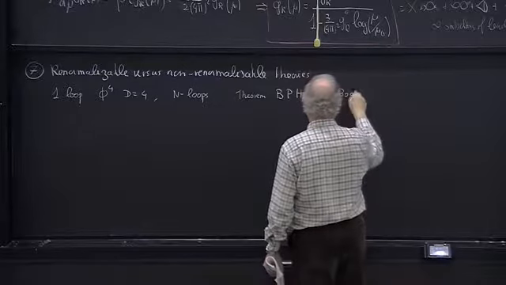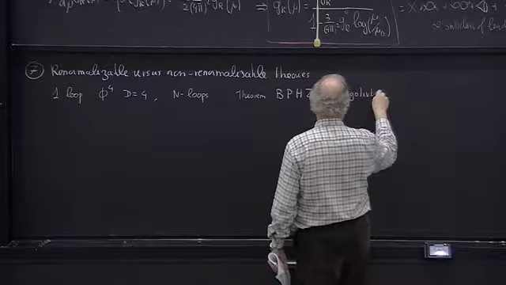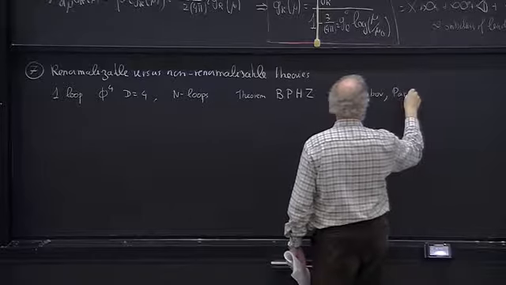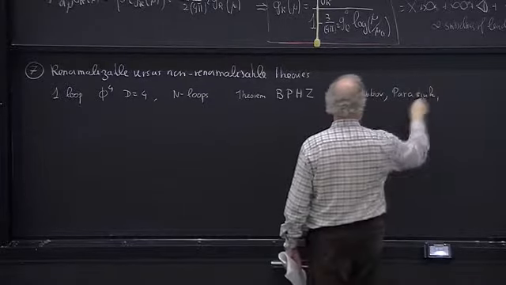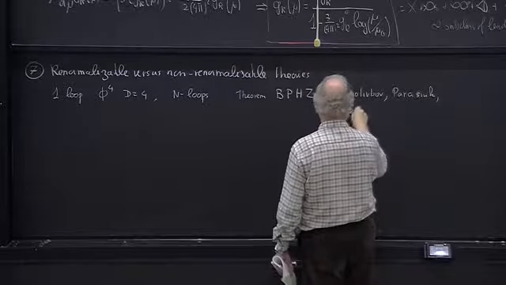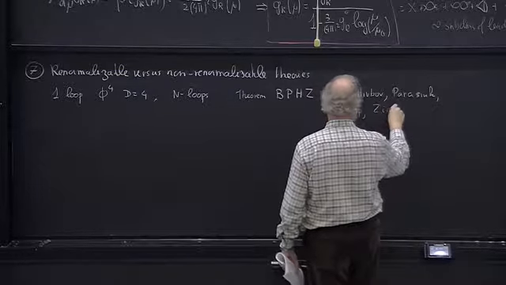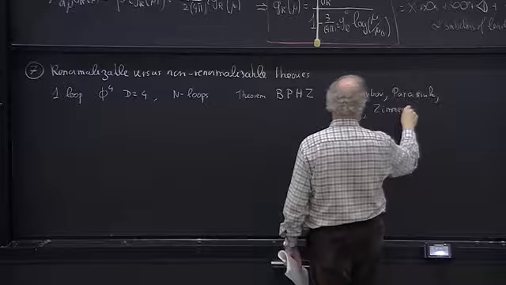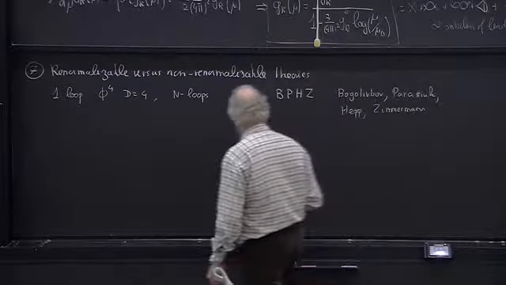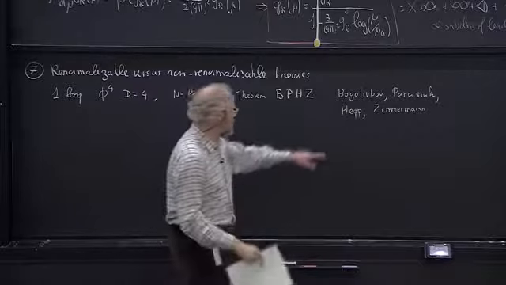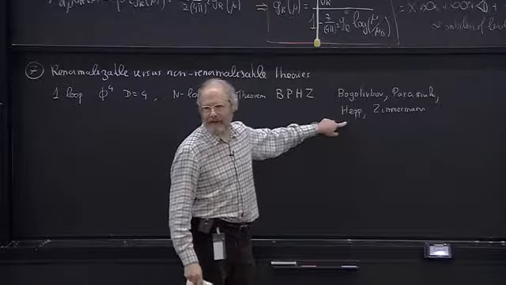This is Bogoliubov, Parasiuk. I'm sure this is not the correct spelling. Hepp and Zimmermann. So, 'Herr' because it's German. Hepp is a Swiss physicist who turned to biophysics, biology, a long time ago.